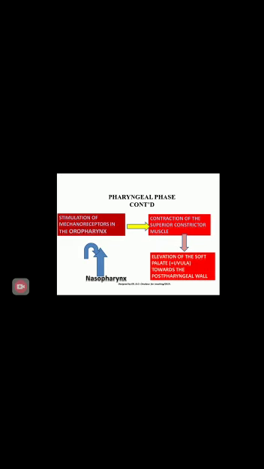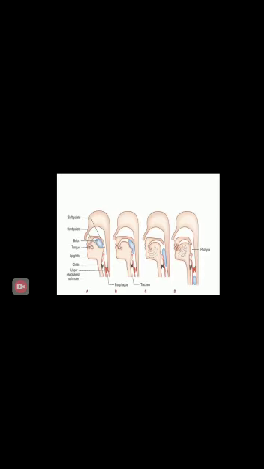Let me use this to explain what I've just said. I said the entrance of the food bolus, this is the food bolus, into the oropharynx stimulates mechanoreceptors that are located there, leading to contraction of the superior constrictor muscle of the pharynx.